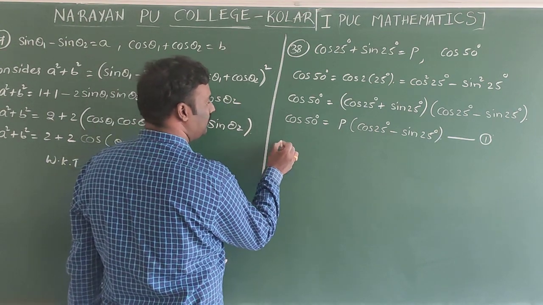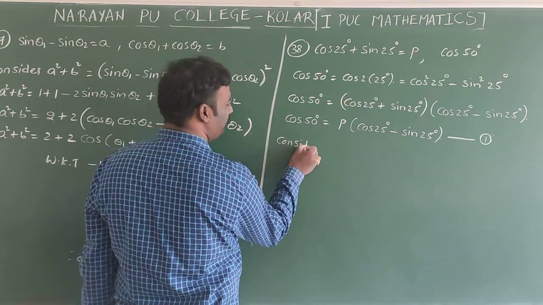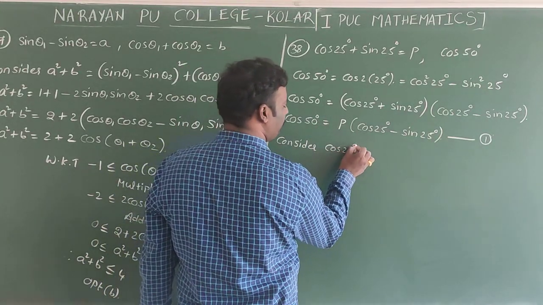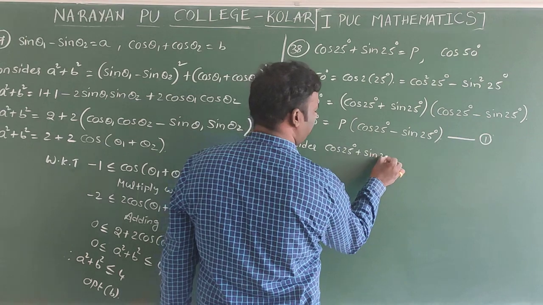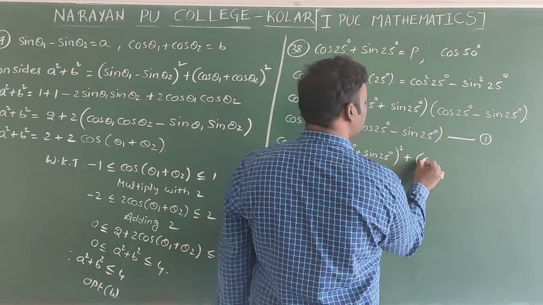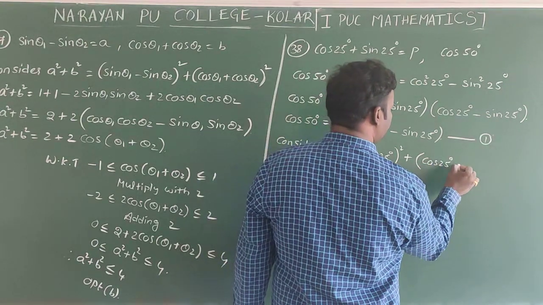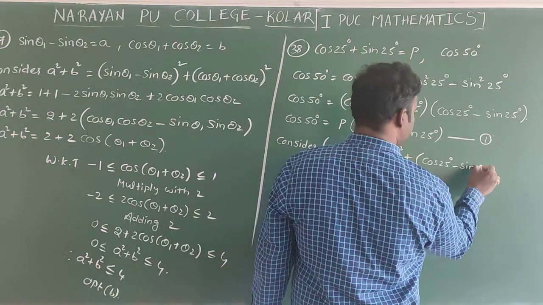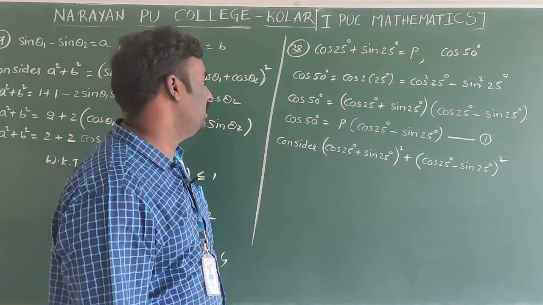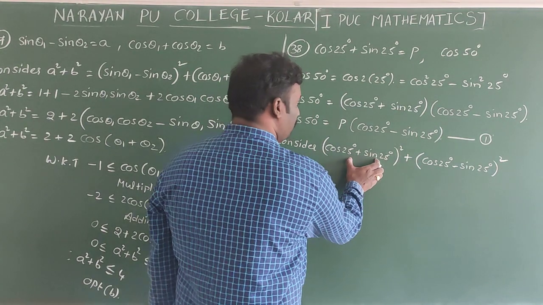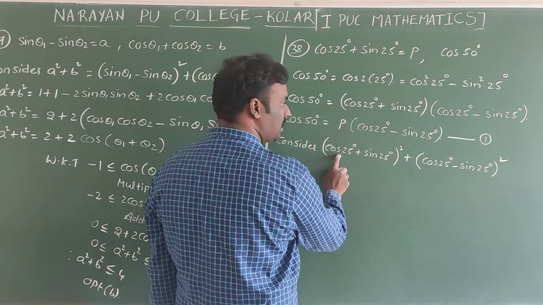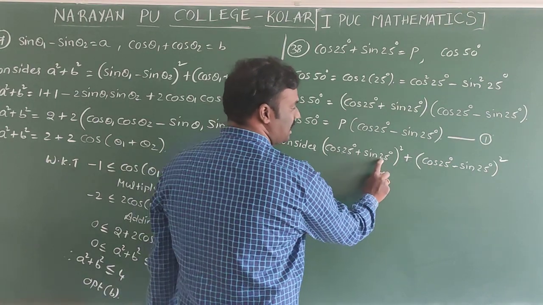So here consider cos 25 plus sin 25 whole square plus cos 25 minus sin 25 whole square, I am finding. Here cos square and cos square get 2 cos square, sin square and sin square get 2 sin square.